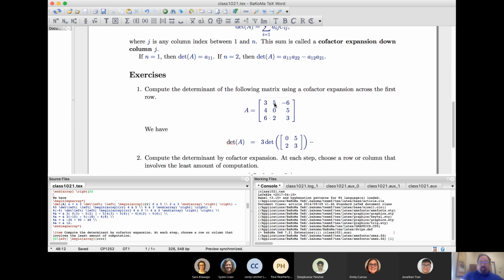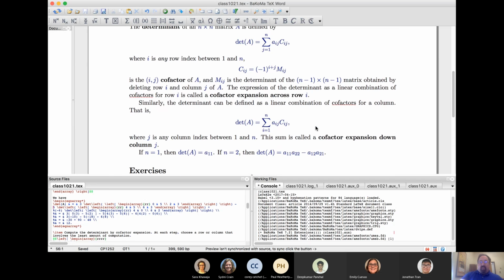Then you move to the second element, a 5. Now notice I have a minus here, and that's because of this -1 to the i plus j power. Now i is always 1 in this problem. So as j varies, you're taking -1 to the second power, third power, and fourth power.